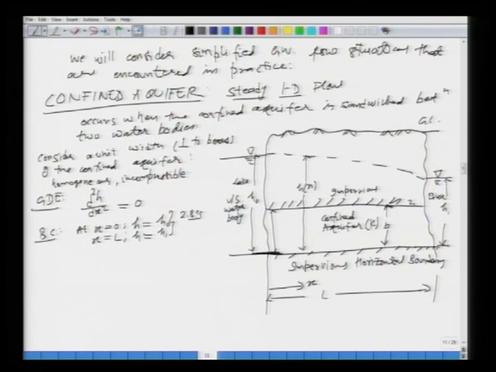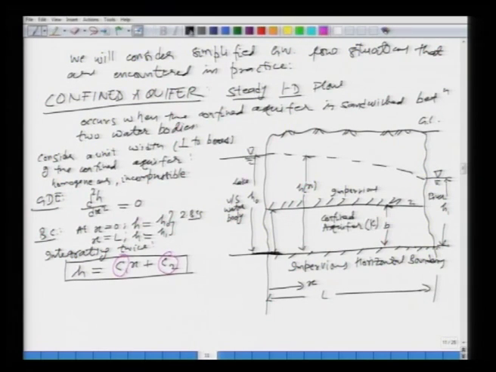We have a differential equation of second order, so we need two boundary conditions to solve it. What will be the solution? Well, we integrate this equation twice, it is very easy to find out. The solution is going to be h equals C1x plus C2. So, this is your final solution, but we do need to find out these coefficients of integration C1 and C2.